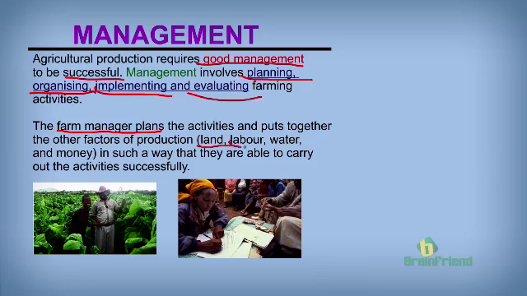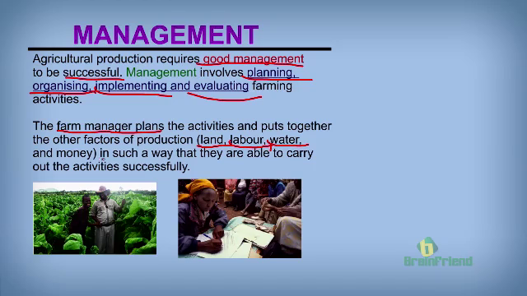He considers labor, who to work in the farm, when to work, and how the work is to be done. He also considers how water will be supplied to the farm, how the animals are to receive water for drinking, and how crops are to be watered.